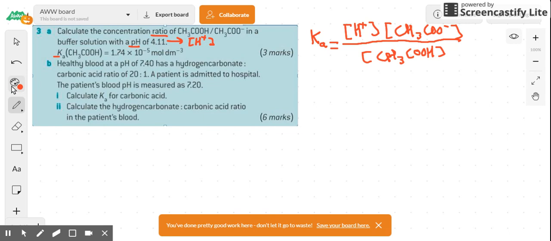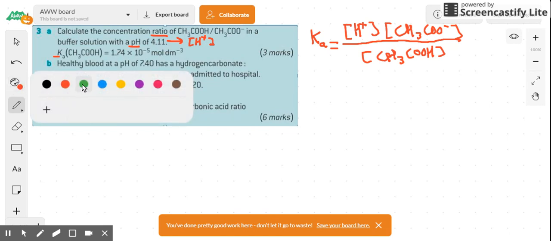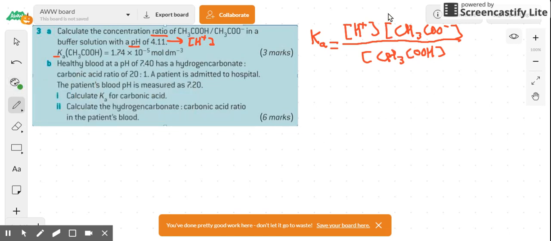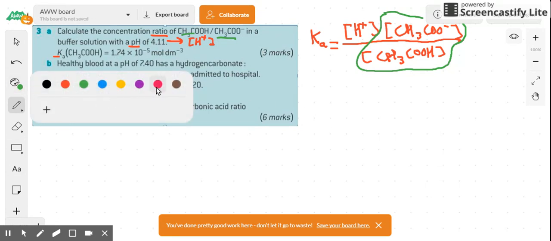And then really what we want to find out is this ratio. Any division, any percentage is a ratio. So in this case, this division is a ratio, but we want to have it the other way around. We want to have the acid at the top, and the acid should be divided by the conjugate base. So we can do that if we rearrange the equation.